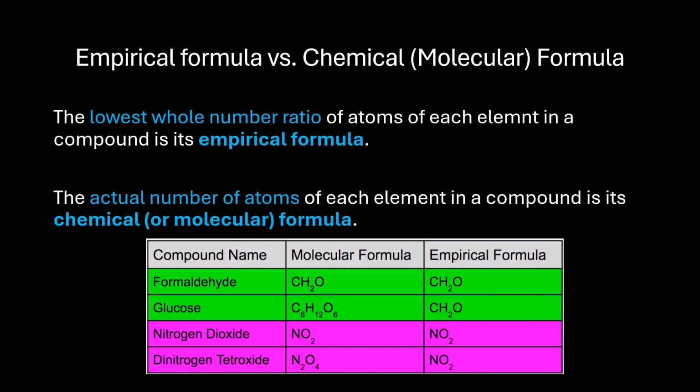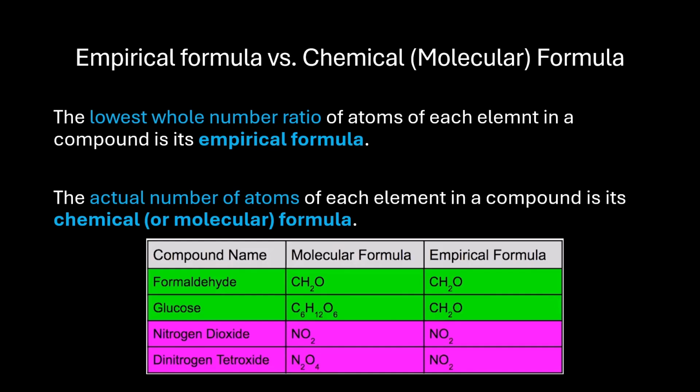So in formaldehyde, the molecular formula is the same as the empirical formula, which is the lowest whole number ratio of CH2O. But if you look at glucose, the molecular formula for glucose is C6H12O6. So that means there's 6 atoms of carbon, 12 atoms of hydrogen, and 6 atoms of oxygen. Now, all of those numbers can be reduced by 6. So if you divide 6 divided by 6, you get 1. 12 divided by 6, you get 2.